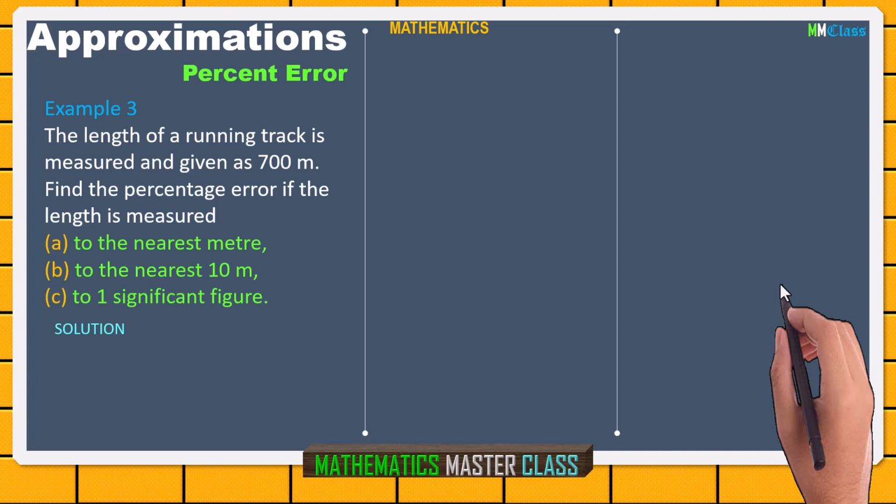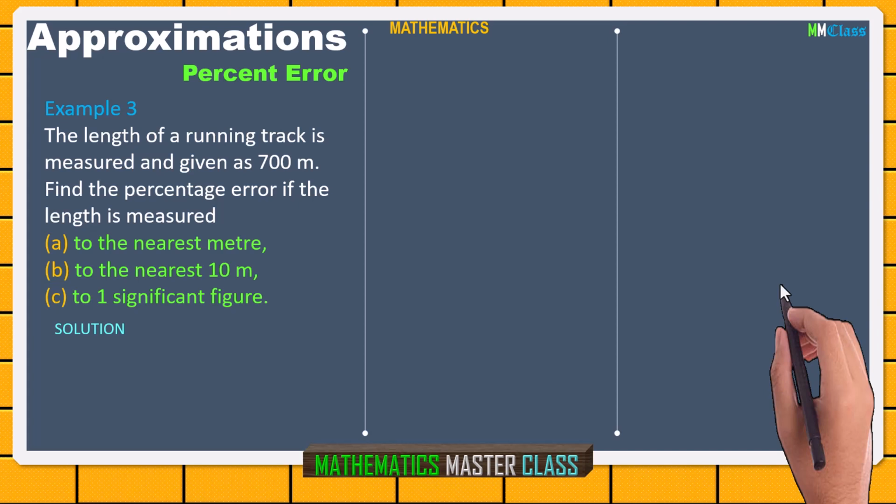Example 3. The length of a running track is measured and given as 700 meters. Find the percentage error if the length is measured A, to the nearest meter, B, to the nearest 10 meters, C, to one significant figure.